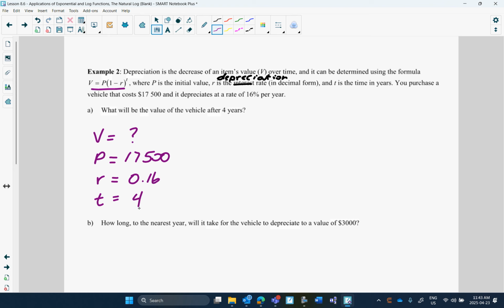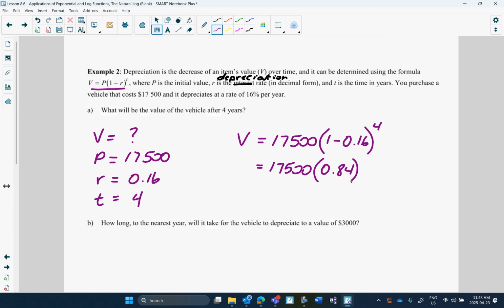So this one's pretty straightforward. I don't have to do any logs here. I just have to calculate the right-hand side. 17,500 times 1 minus 0.16 raised to the 4th. Or in other words, 17,500 times 0.84 raised to the 4th.